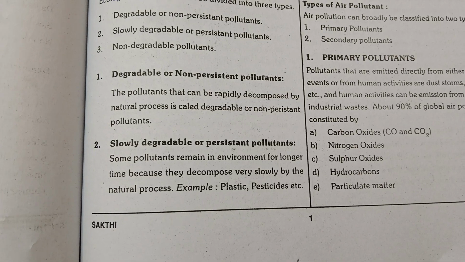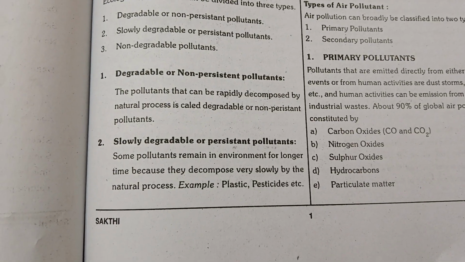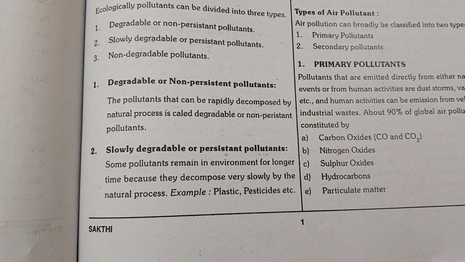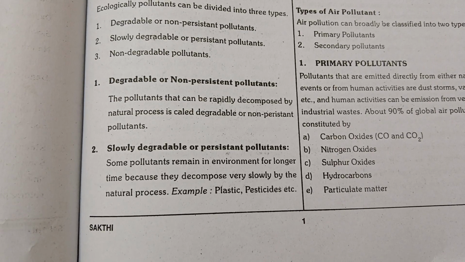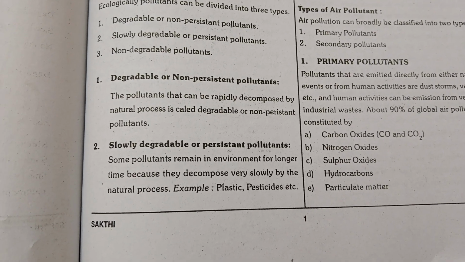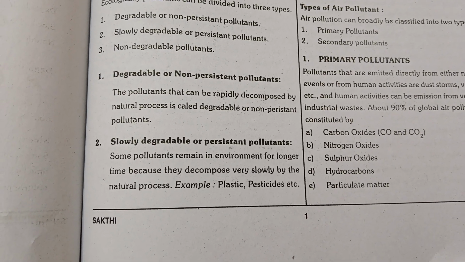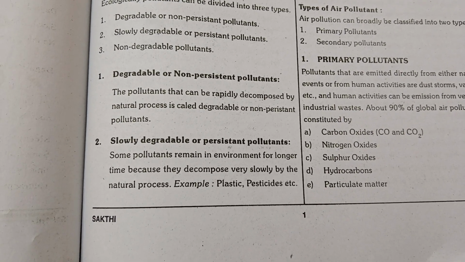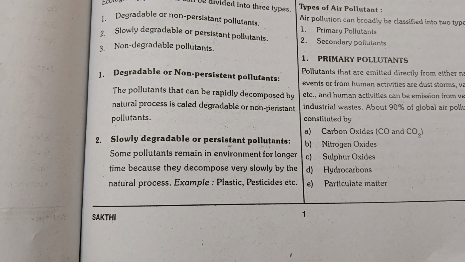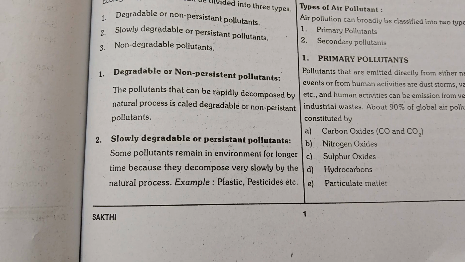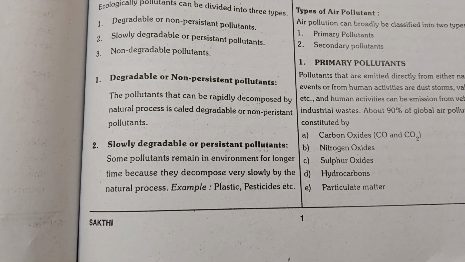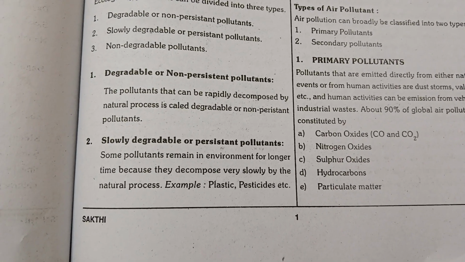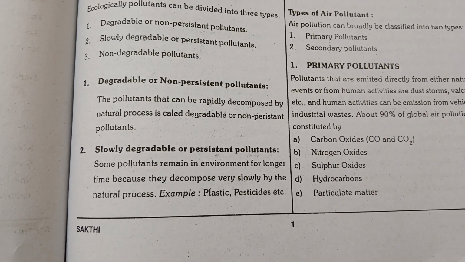Second, slowly degradable or persistent pollutants. Some pollutants remain in the environment for a longer time because they decompose very slowly by natural processes. Example, plastic, pesticides, etc.